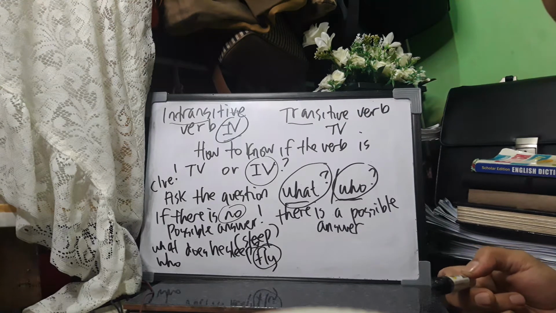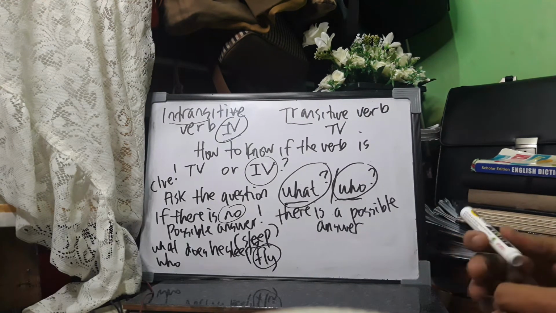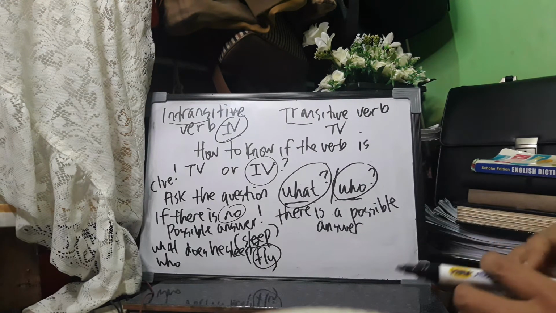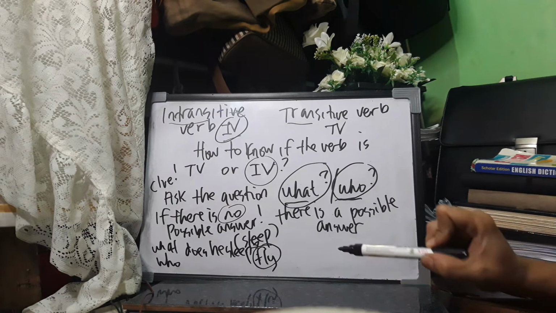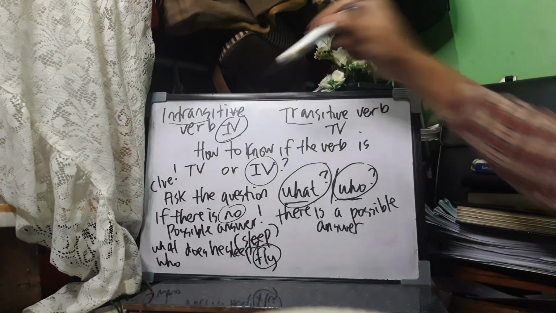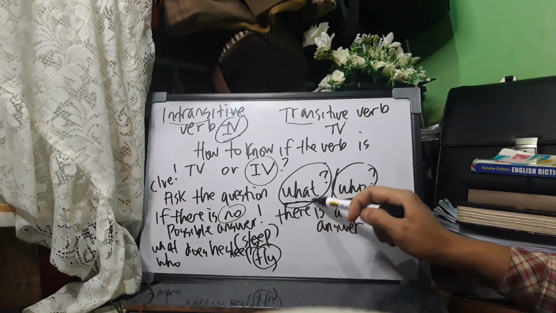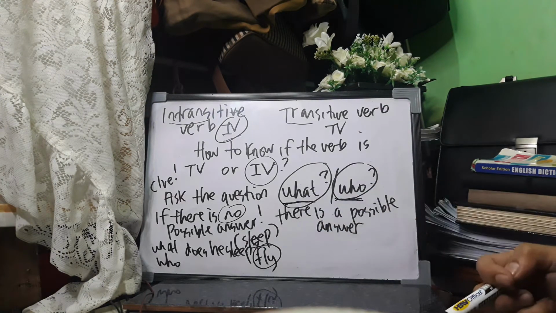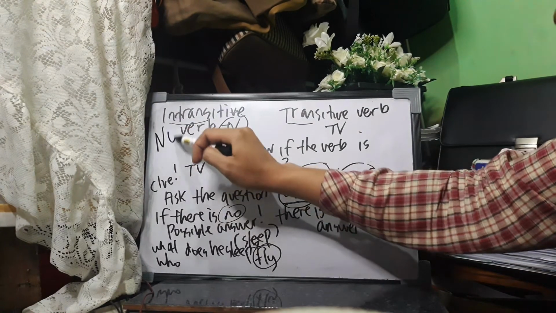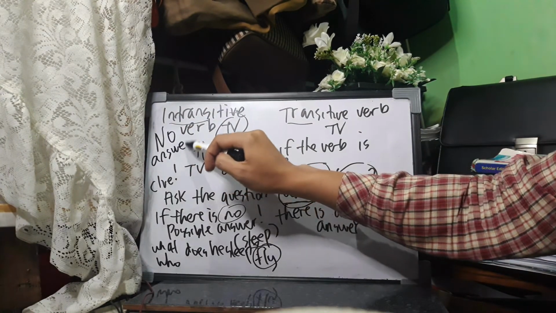Is it clear, guys? Again, if you use a certain verb in a sentence and you want to identify if it is intransitive, your clue is to ask the question what and who, and if there is no possible answer, then that is intransitive.